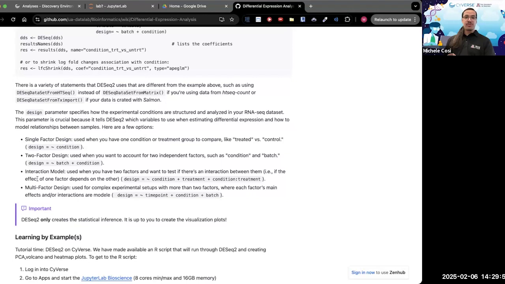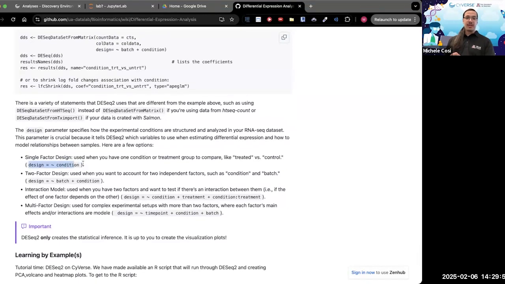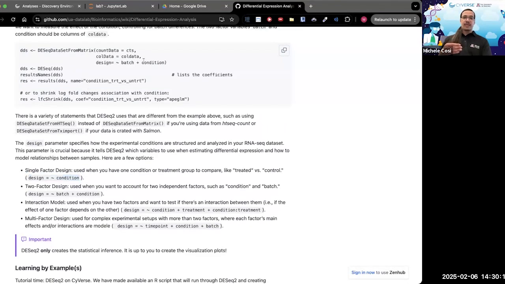And in DESeq2, you need to use very specific ways to tell DESeq2, hey, I did a treated versus control, a single factor design, and this is how you mention it. This is how DESeq2 will ingest that information within the line of command. So the last thing that you will write is design equal, and how you're going to write your experimental design.